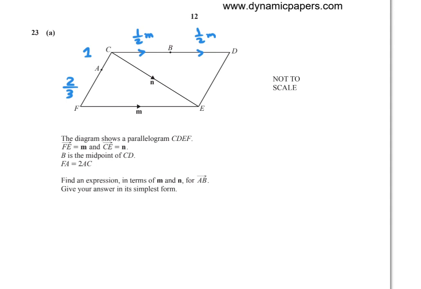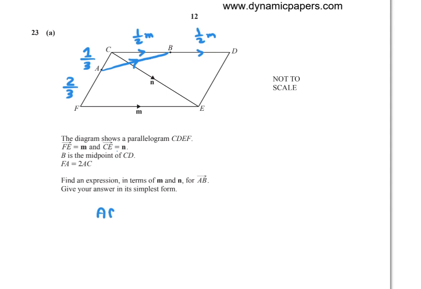And AC is 1 out of 3, so 1 over 3. So this means FA is 2/3 FC and AC is 1/3 FC. Now we can find the vector AB. The vector AB equals the vector AC plus vector CB.